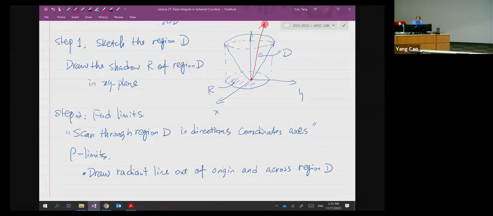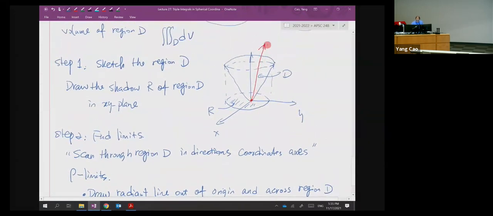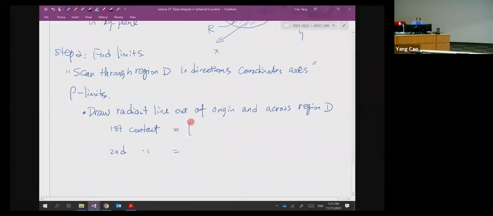After this step, you look for the first contact, and then you look for the second contact. Here's your reading line, and the first contact with the region D happens right at the beginning. That's the origin, so rho min equals 0.